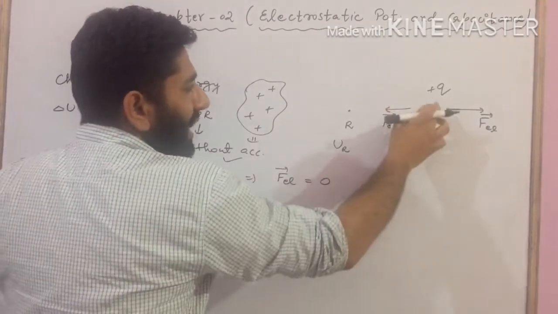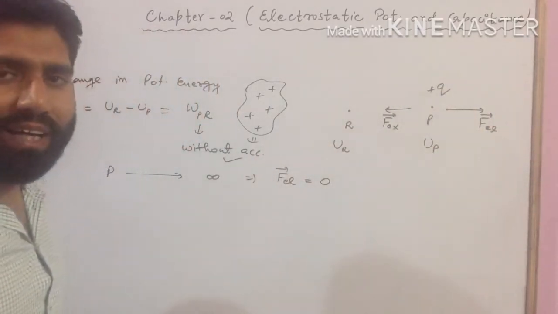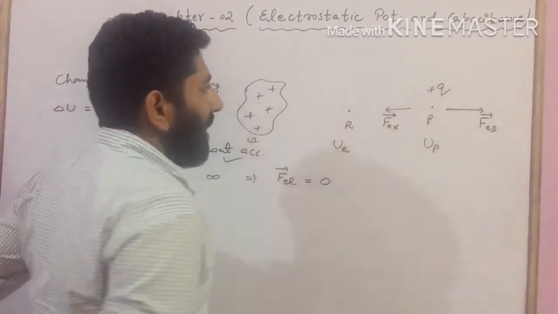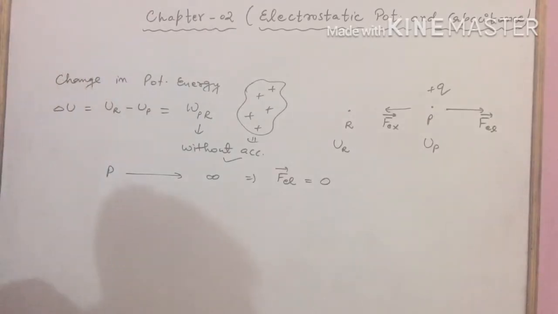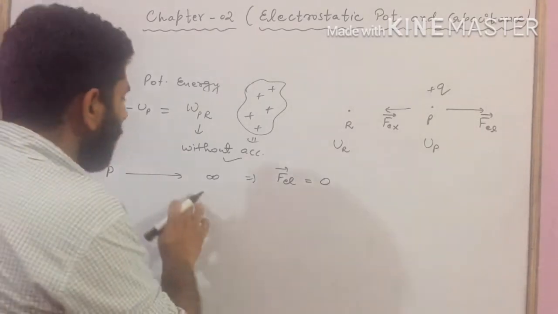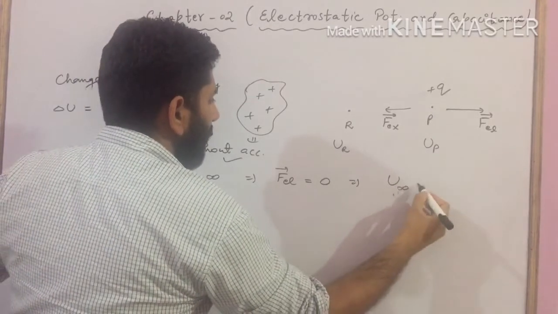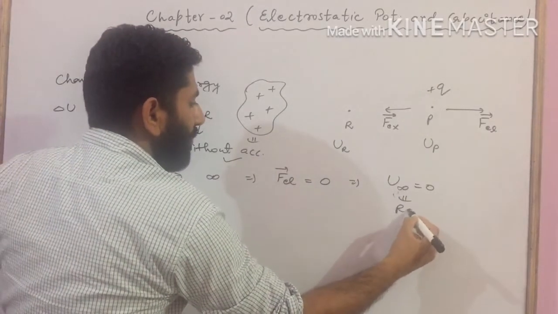Like in this case, when I left this charge free over here, it started to move and gain kinetic energy, due to which we understood that there was some potential energy at this point. But now if the charge is at infinity, there is no force acting on it, there is no electric field there. So if I leave the charge free, it won't get any kinetic energy. It means उसके पास potential energy भी नहीं है. So when you take the point at infinity, the potential energy at infinity will be 0. So this infinity is taken as reference.